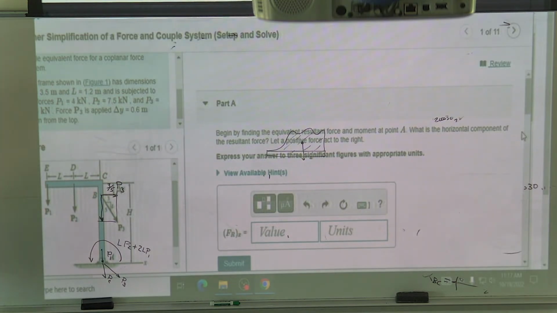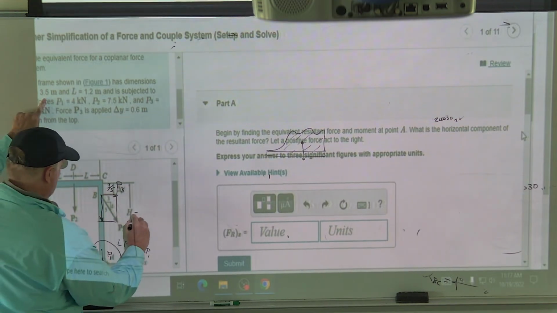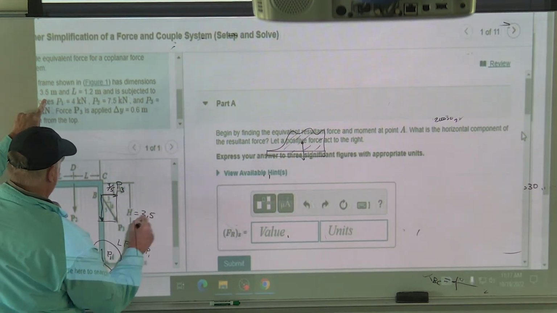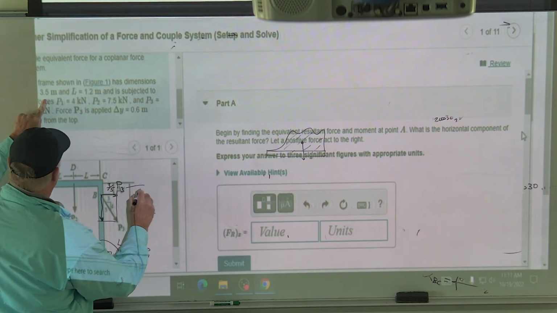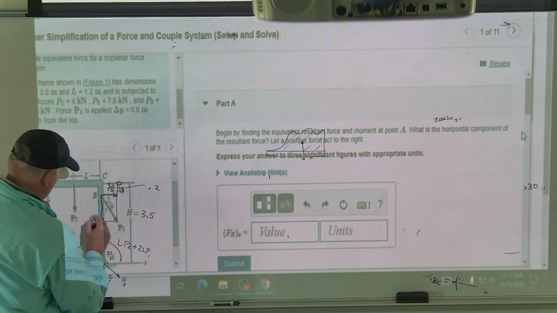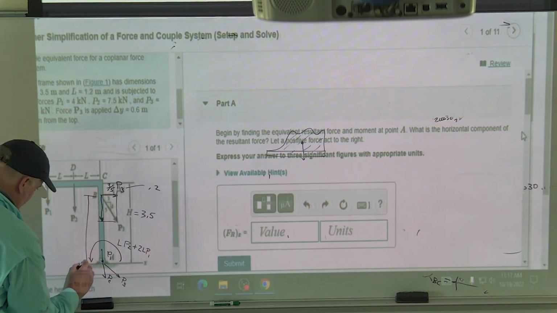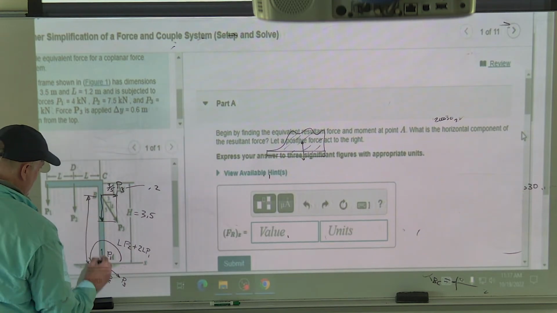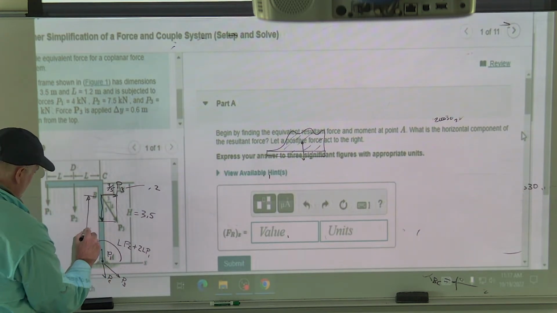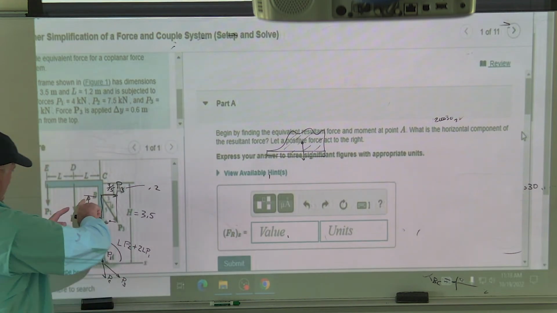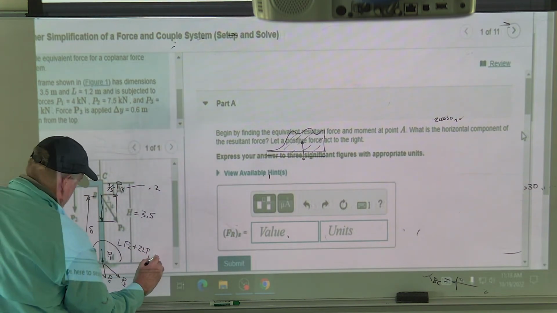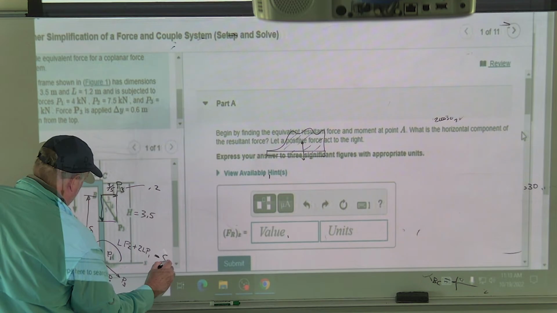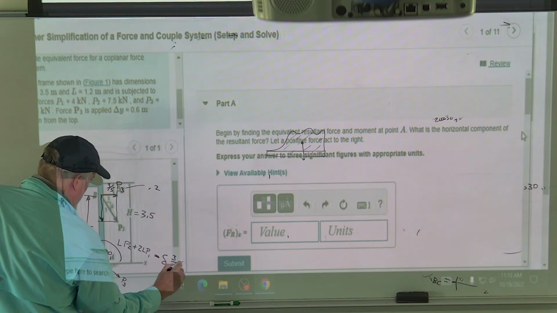So he could force you into saying this is 3.5. This delta Y is 0.2. So you can find this distance as a number, and that distance I'll call delta. It's going the other way. Delta times 3/5 of P3.